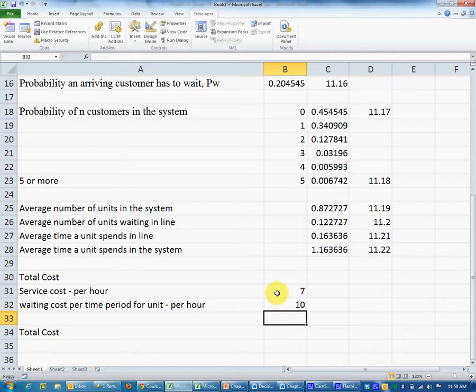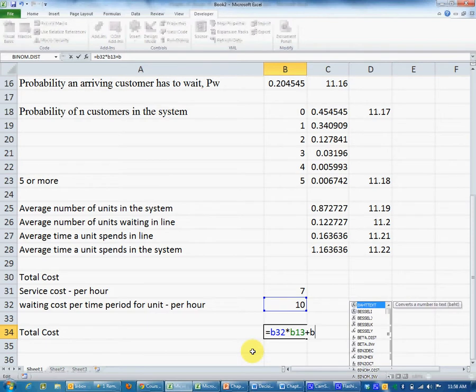So what they want us to do is figure out the total cost of having 2 channels with these wait times and so forth. So the total cost equals B32 times B13 plus B31 times B4.